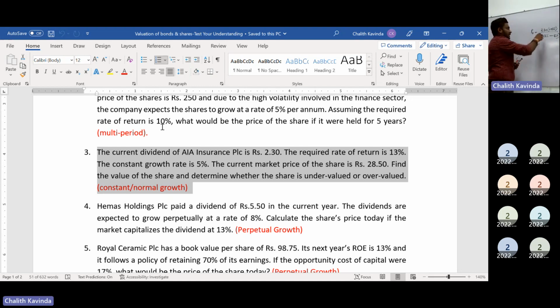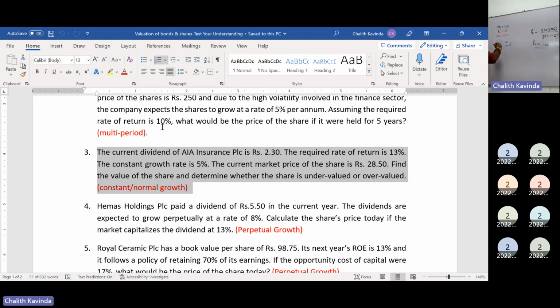That is the formula: next year dividend divided by cost of equity minus growth rate. Then what is the answer? 30.1. Let's say it's 30. The answer is 30.